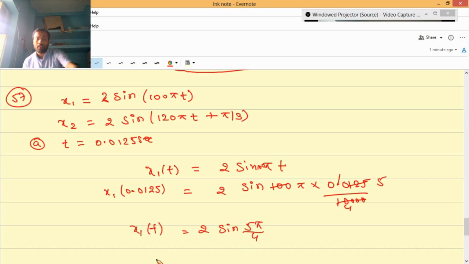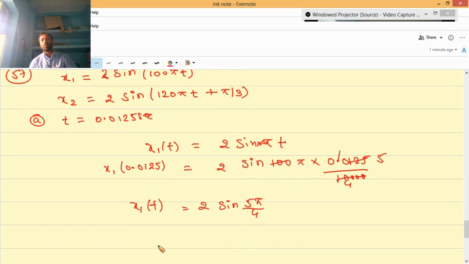So x1(t), the displacement due to the first simple harmonic motion, will be exactly equal to this value.